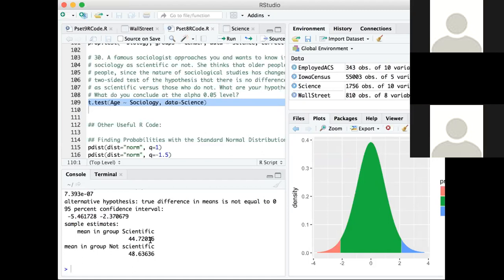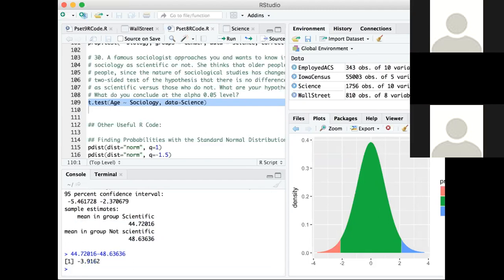Given the information we have here. So what we can do is if we take 44.72 and subtract 48.63, we should come up with our point estimate. So we can do that here. And we got negative 3.9162. Okay. That's the answer that I came up with.